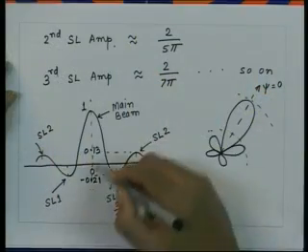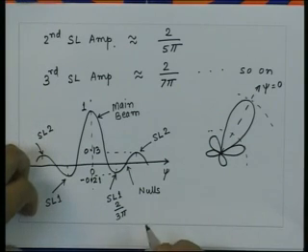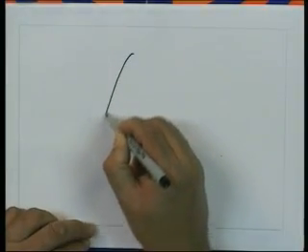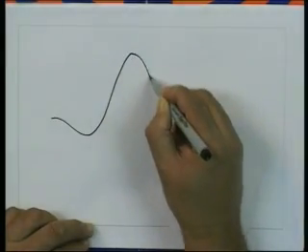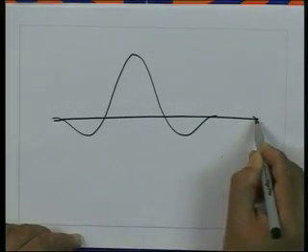So, once the radiation pattern is given to you, the next interest would be the half power width of this radiation pattern. As we defined earlier, let me draw the radiation pattern a little expanded. Let us say this was the radiation pattern as a function of psi.